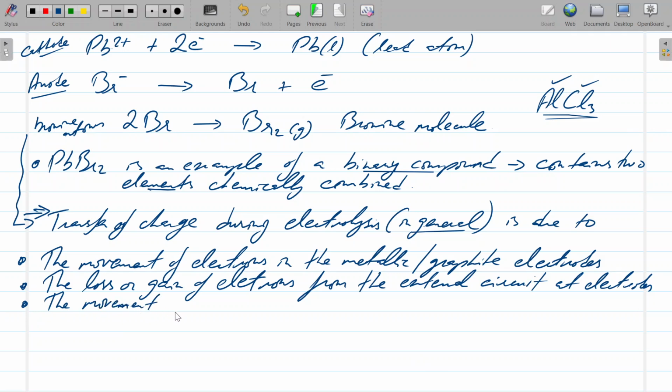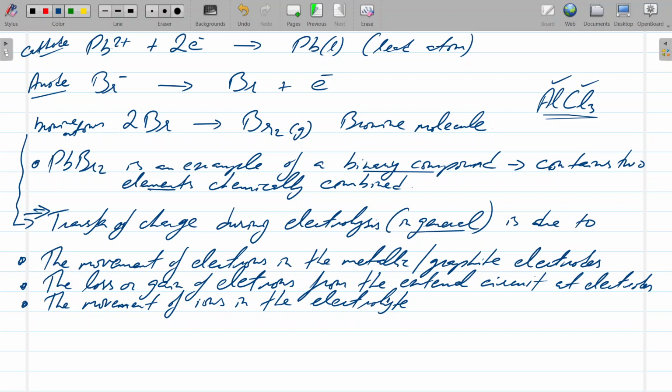The movement of ions in the electrolyte. And how is electricity passing through the electrodes?